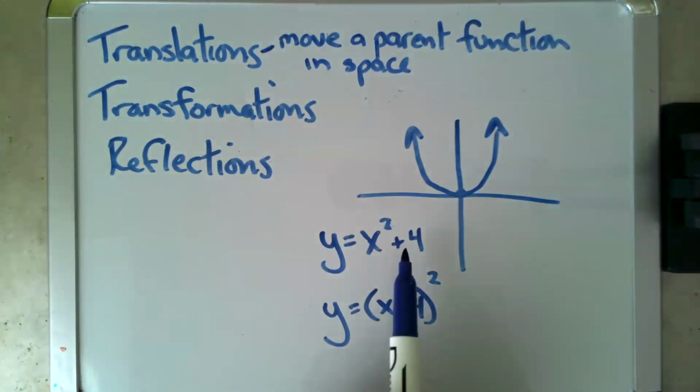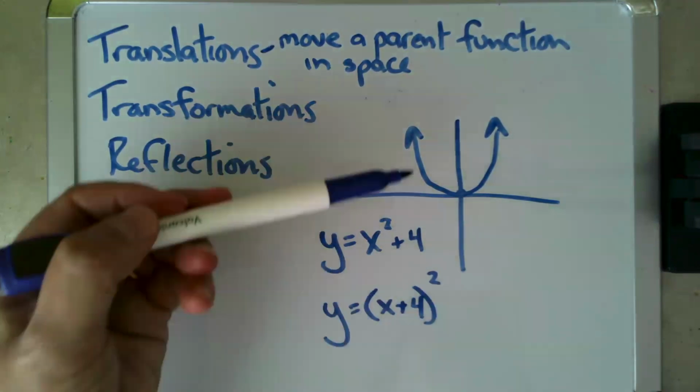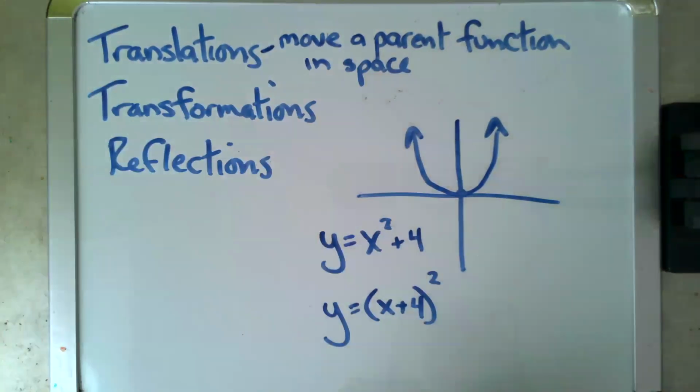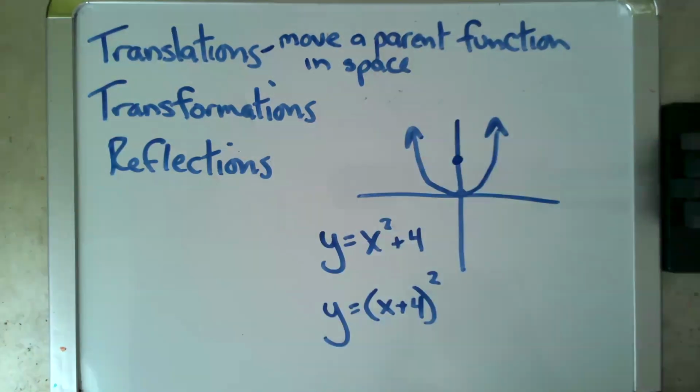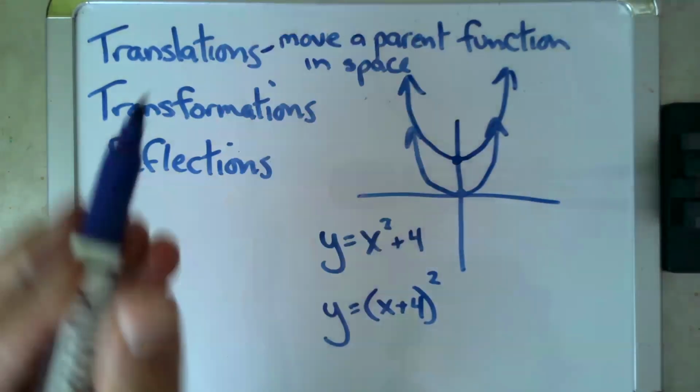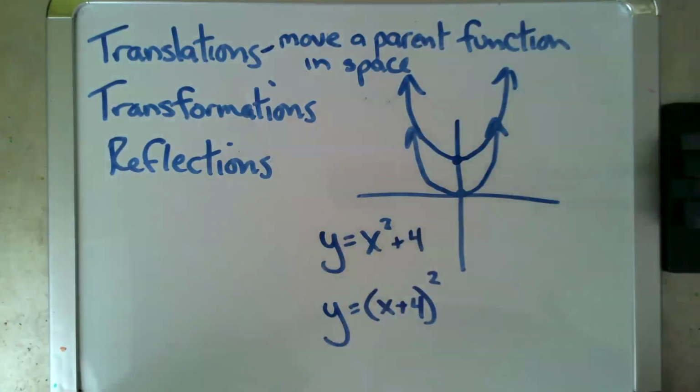So when I add it to the outside of my squared, I am changing the vertical positioning. So I would count up 1, 2, 3, 4, and that would be my new (0, 0). And then my shape would look exactly the same. So I wouldn't have changed anything in terms of the width or flipping it or anything like that.